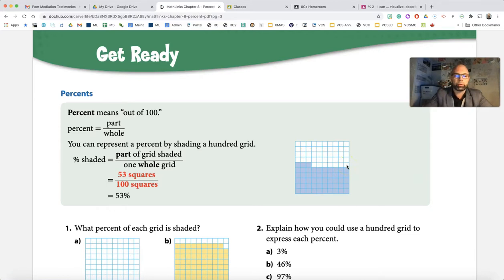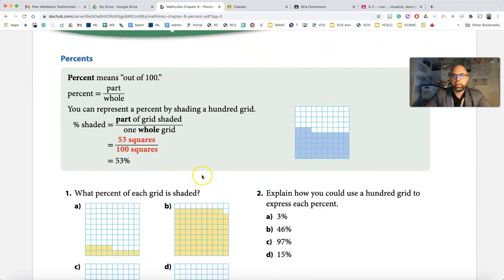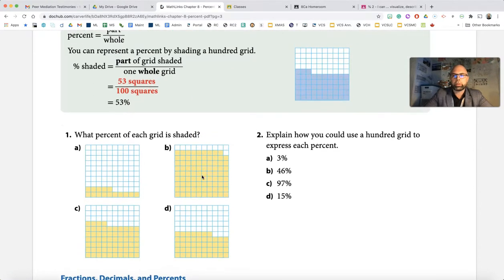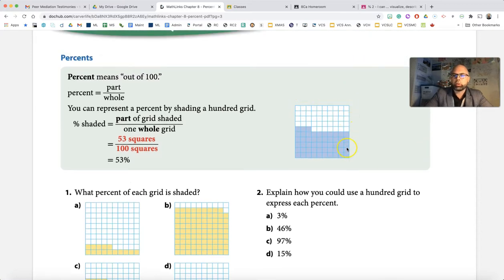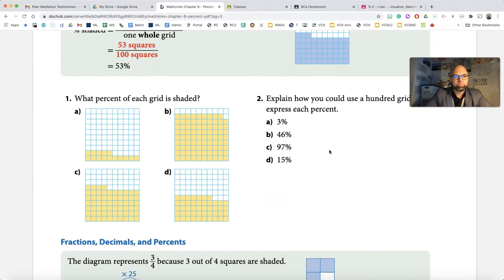That is 100%. Here we have 53 squares shaded. That gives us 53%. And as we keep going, we'll talk about, if you have a 10 by 10 grid with 100 cells, how do you represent less than 1%? That gets a little trickier.